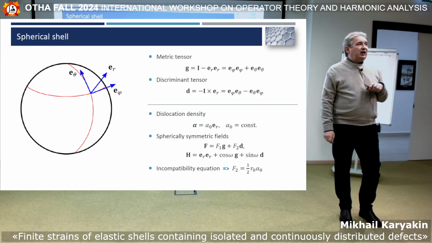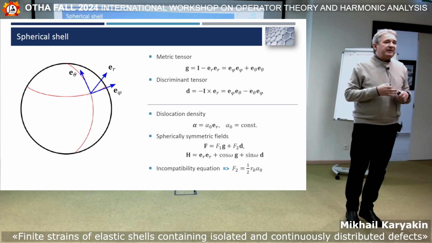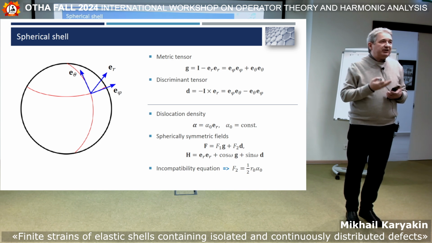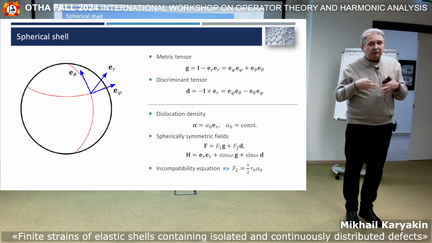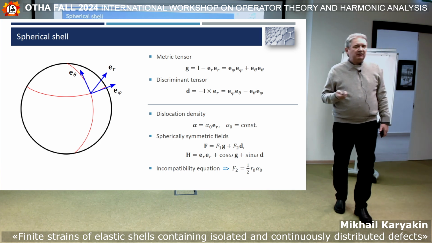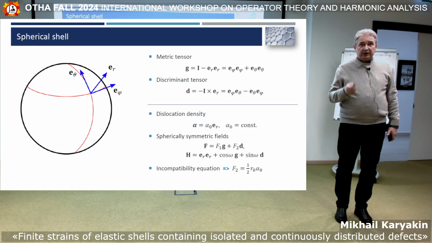Again, this is not an example from physics. This example was chosen in such a way that we can provide a more or less analytical solution, to compare with numerical results, because without that reference solution it's not easy to verify numerical results.